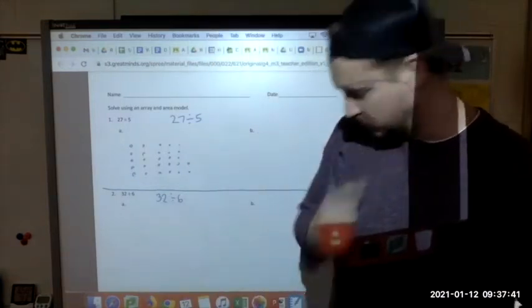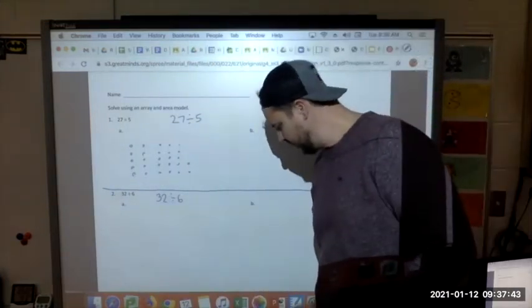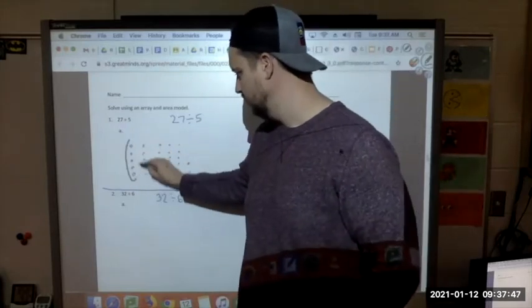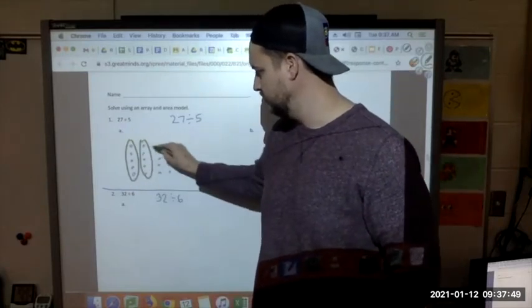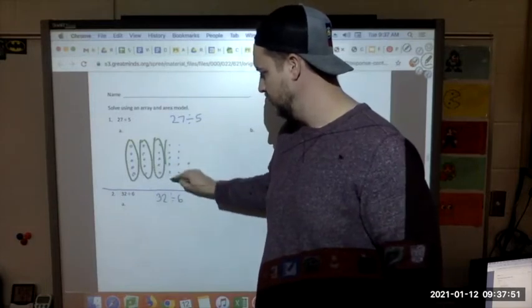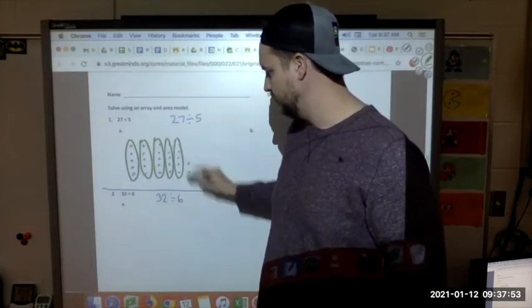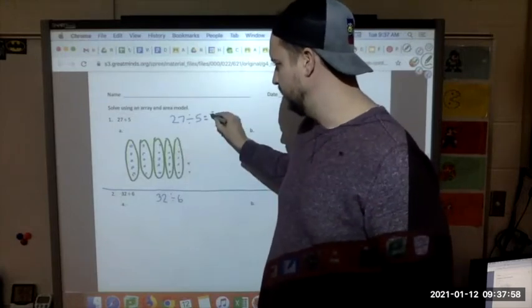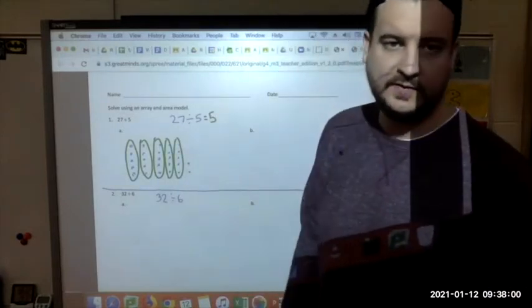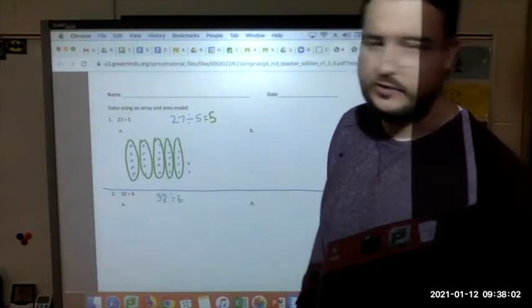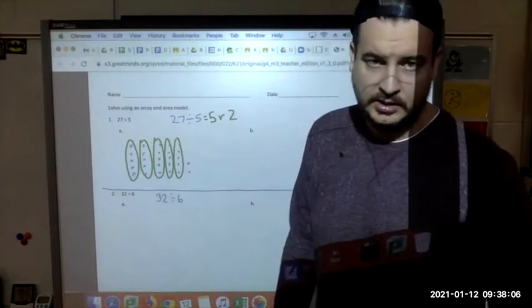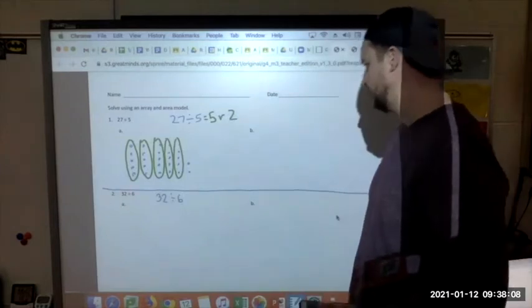Okay, so I put them in groups of 5 because I'm dividing by 5. 1 group, 2 groups, 3 groups, 4 groups, 5 groups, remainder of 2. The quotient is 5. 27 divided by 5 is 5 equal fair share groups. The remainder is 2. Okay, so how do I model that with a rectangular array?